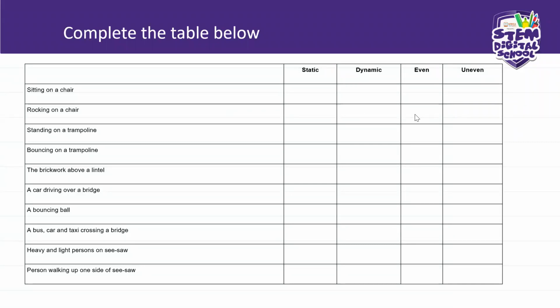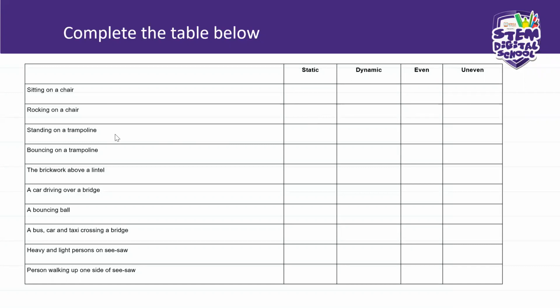Think about the load. You are sitting on a chair and you are rocking it. So it becomes dynamic. But the load, what kind of a load is it? The load is uneven because you're still sitting on the same spot of the structure.